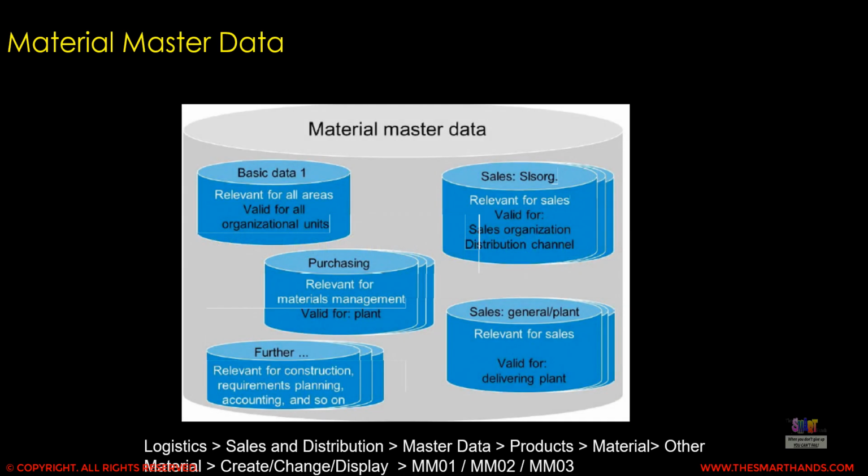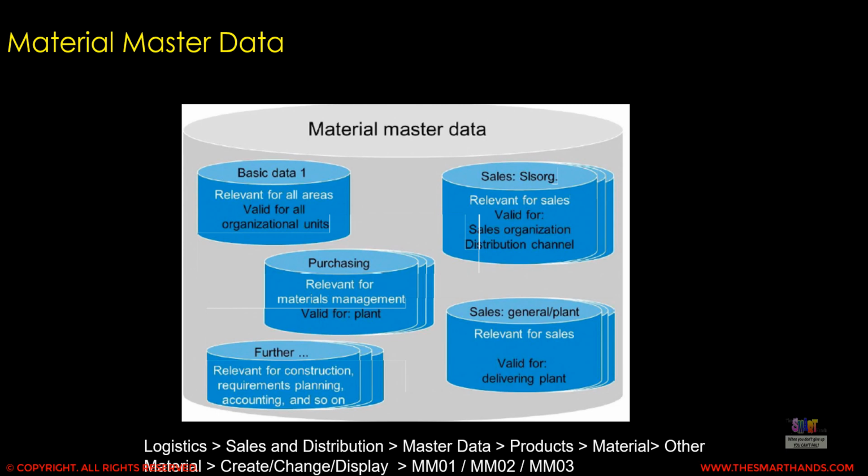So basically, when we talk about the material master data, if we talk about one material code that we maintain in the system, the same code is used by different departments. For example, if we maintain a material, this will be used by not only the sales department but also material management, production planning, warehouse management, financial and costing people, and all that.